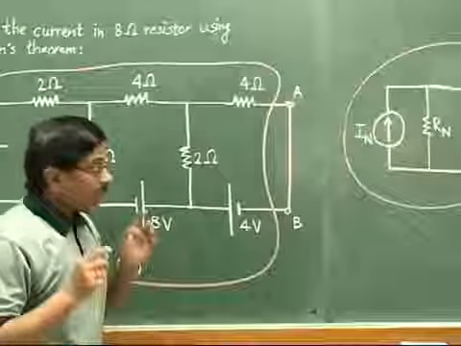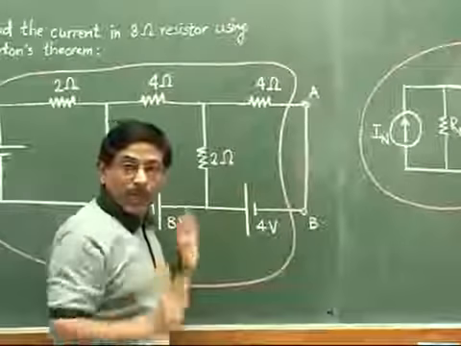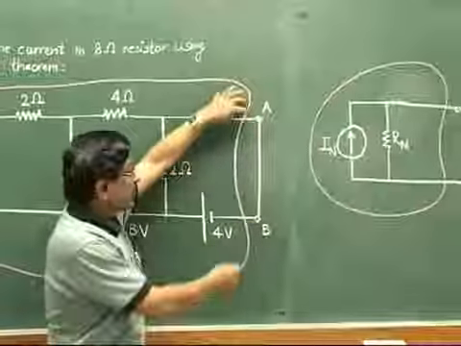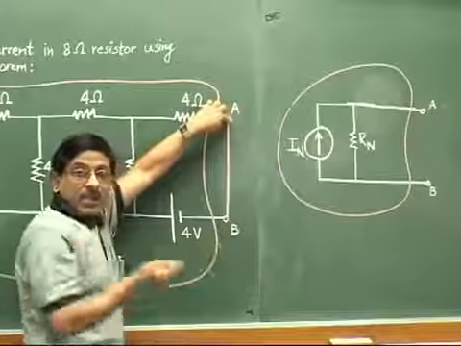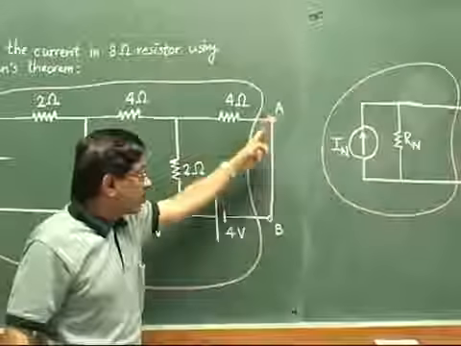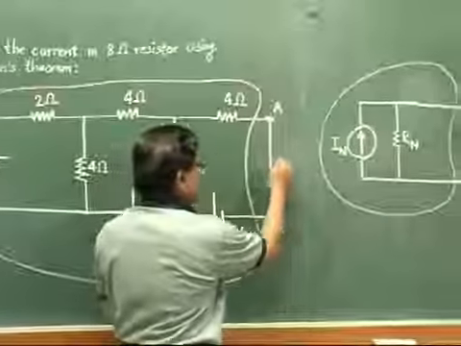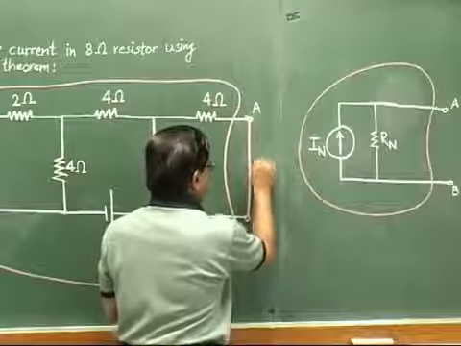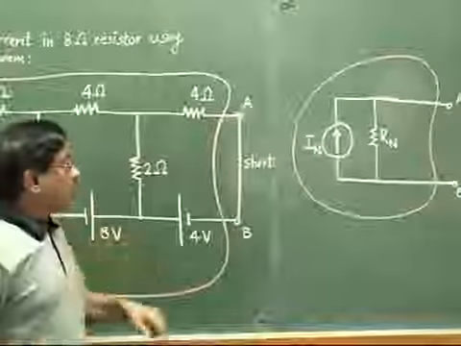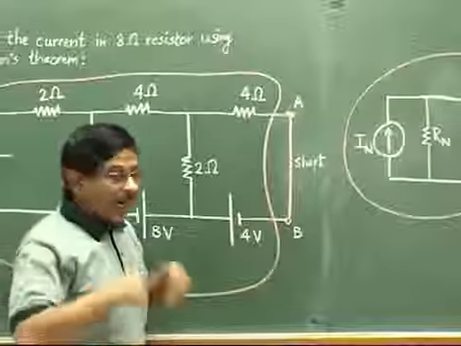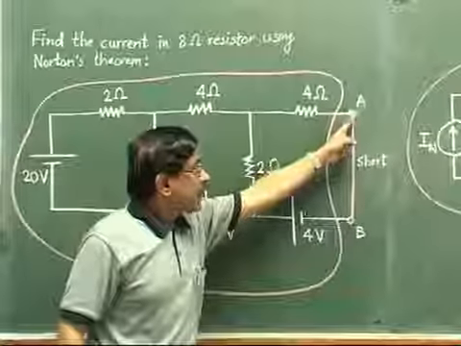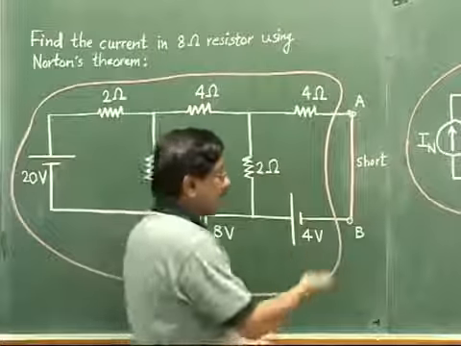After removing the load resistor, we get a two-port network, meaning these two open terminals. If temporarily we short these two terminals straight from A to B, a short circuit, a shorted link like this, and then we calculate the current in this short circuited link, some current will flow here.